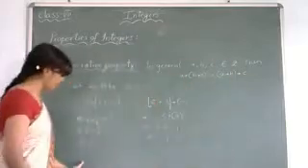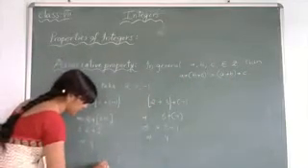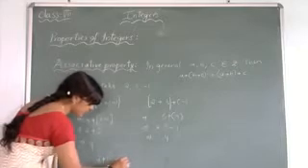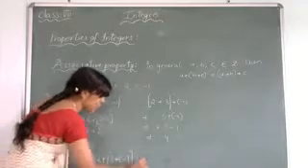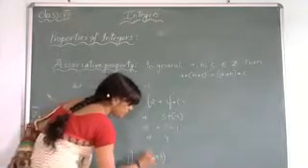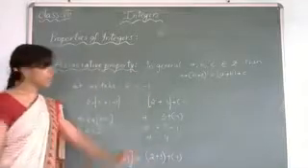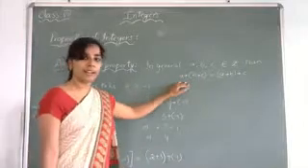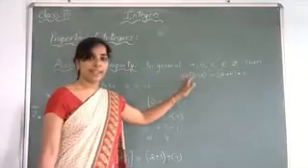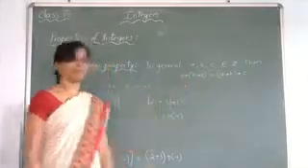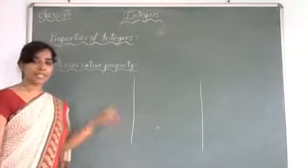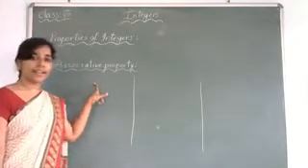Read it as a plus of b plus c equals a plus b plus c. Here, 2 plus of 3 plus of minus 1 is equal to 2 plus 3 plus of minus 1. This is the general form of the associative property under addition. So we have discussed associative property under addition.